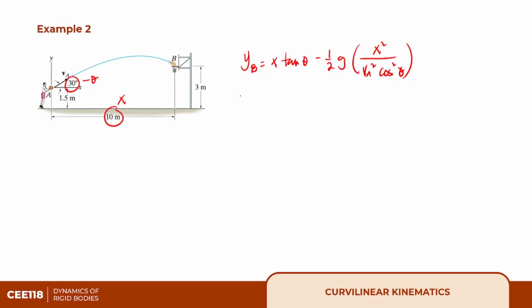Okay, so straight to it. This is 1.5 meters equal to 10, and that is tangent 30 minus 1 half, then 9.81 since we are using SI.